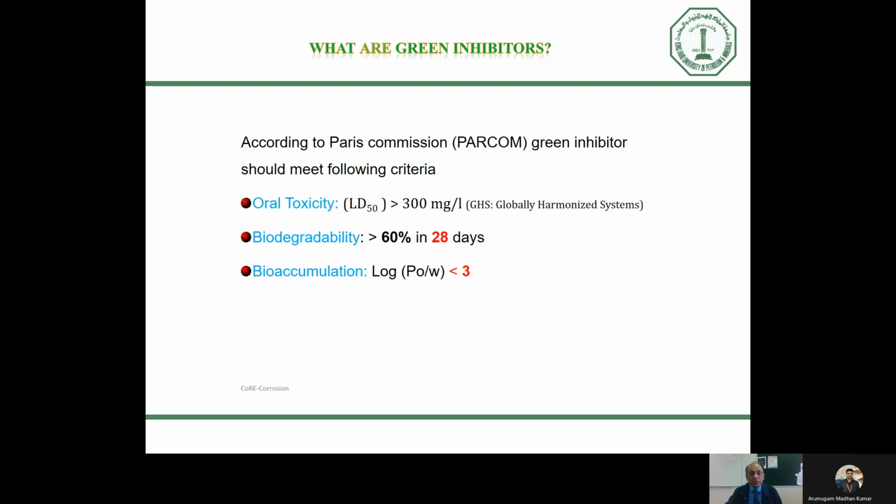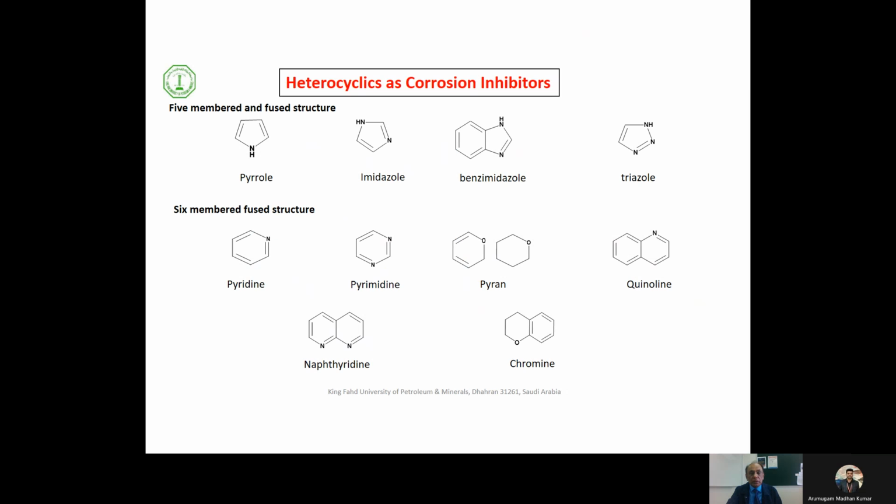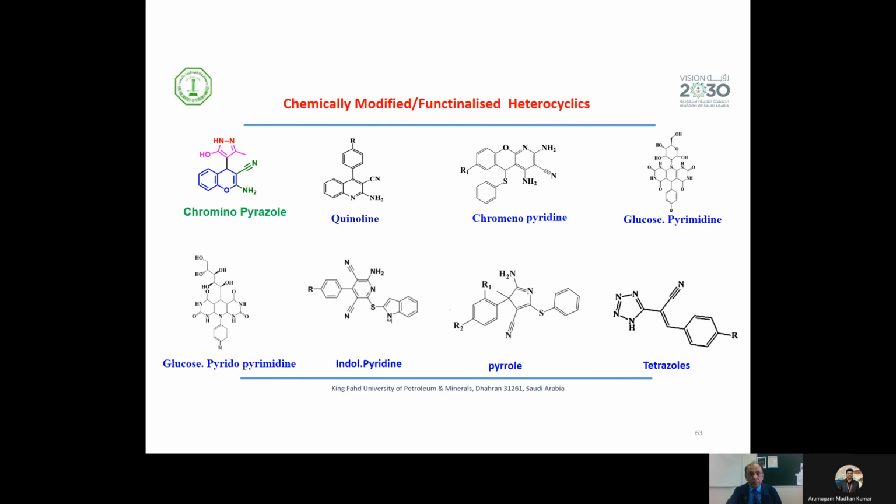Biodegradability more than 60% in 28 days, and bioaccumulation should be less than 3. These are organic compounds containing heteroatoms, and they are considered good corrosion inhibitors because of two important things: one is the lone pair of electrons present on the heteroatom, and the other is the pi electrons present in these rings.